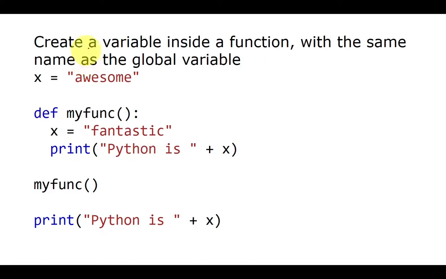Now, create a variable inside a function with the same name as the global variable. So right here, we're creating a variable. This is the global variable, and this is the internal variable inside the function.